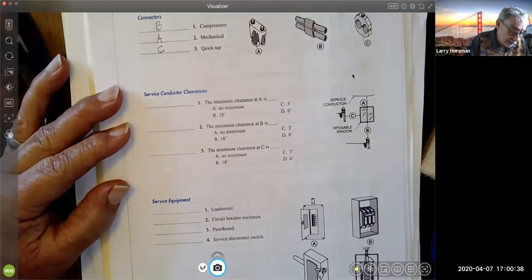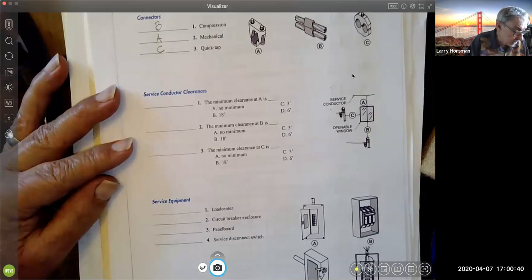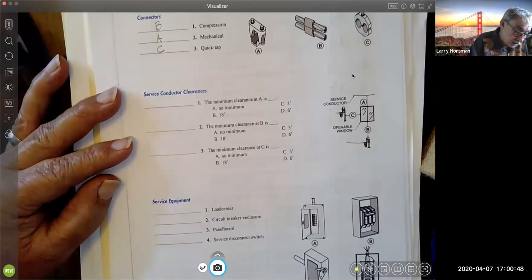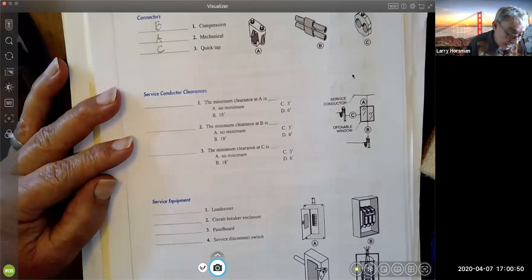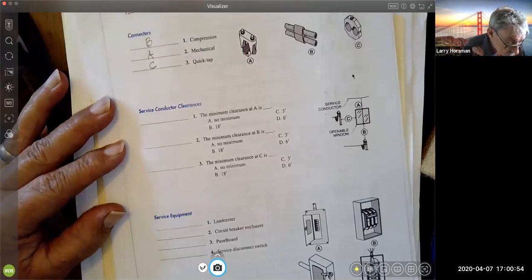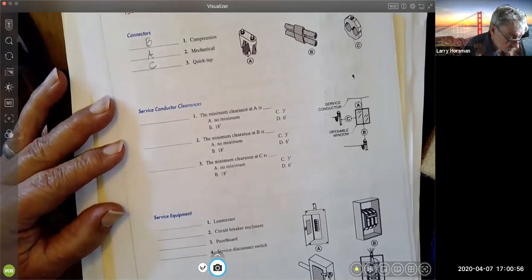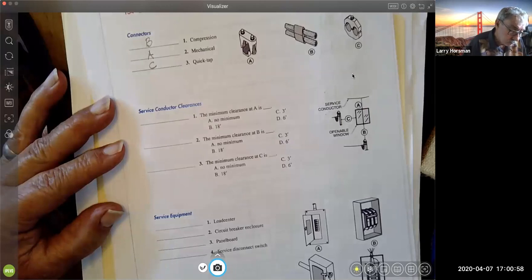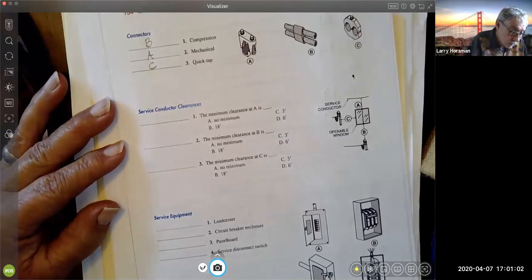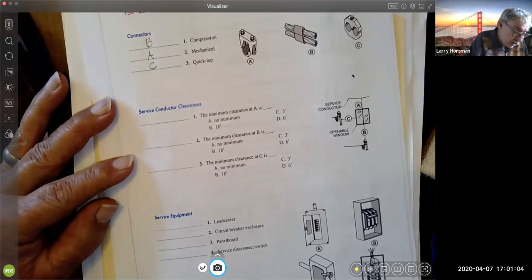So minimum clearance at A. So now we're moving down to the service conductor clearances. We have 3 of those. So the first one is A. And that is no minimum.